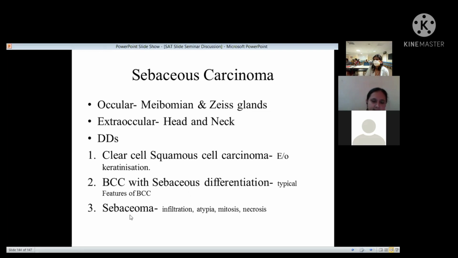So to distinguish sebaceous carcinoma, we need to look for infiltration, atypia, mitosis, and necrosis within the tumor. That was sebaceous carcinoma, and as you said, it is a great mimicker, mimicking a lot of inflammatory conditions of the eyelid. So I have to be very cautious in recognizing these tumors.